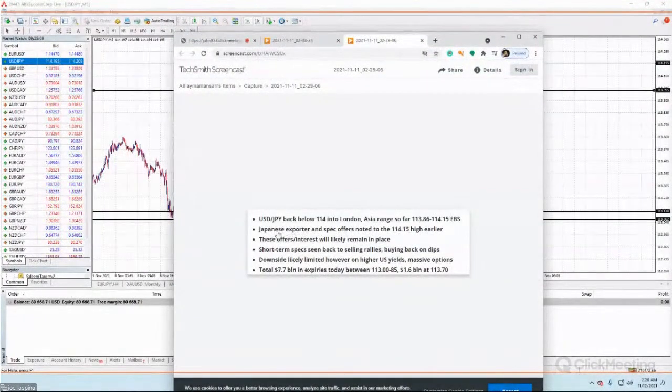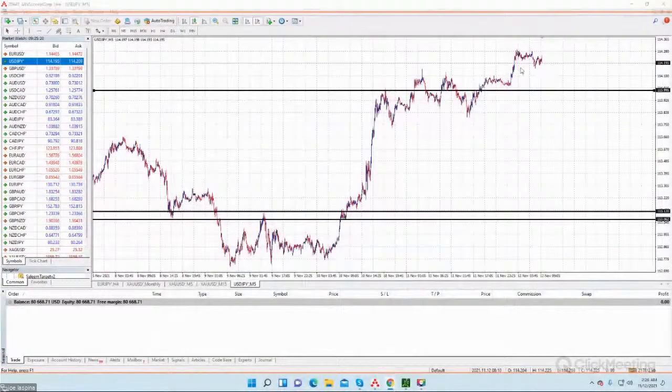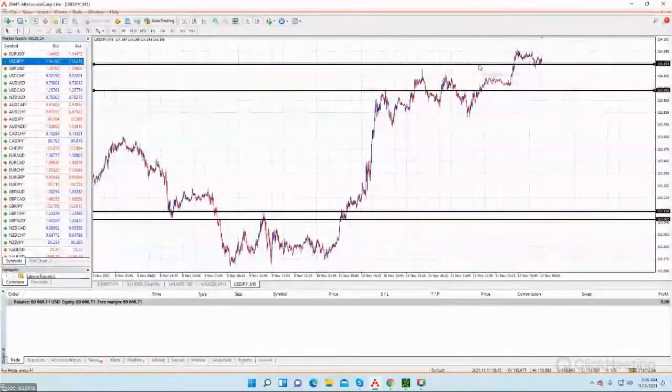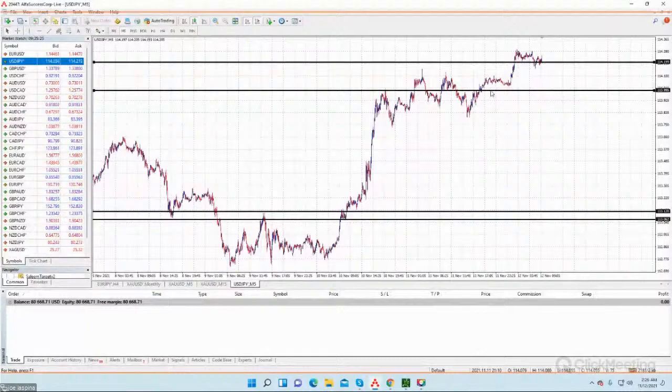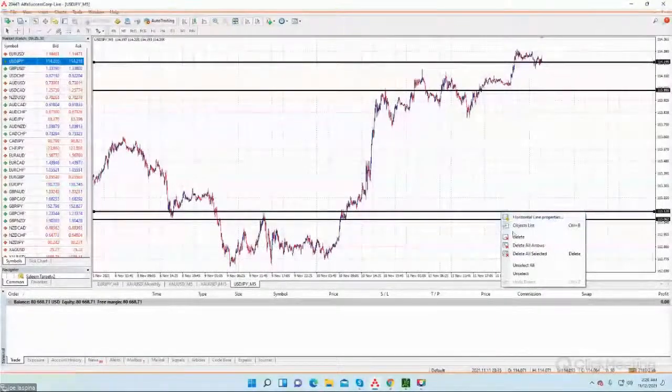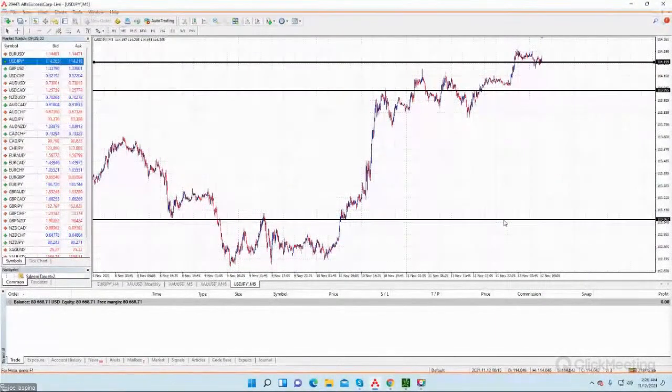It says this is the Japanese exporter. They are selling today around 114.15. So where is the price? 114.15, it's right here. So this is what we are watching right now. Forget about the old one, so you don't get confused.